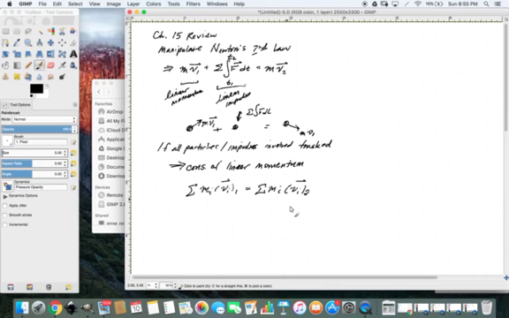That's it. That was the conservation of momentum notion, and in the case where we don't have conservation, we have some external force, we can use the full form of the equation.